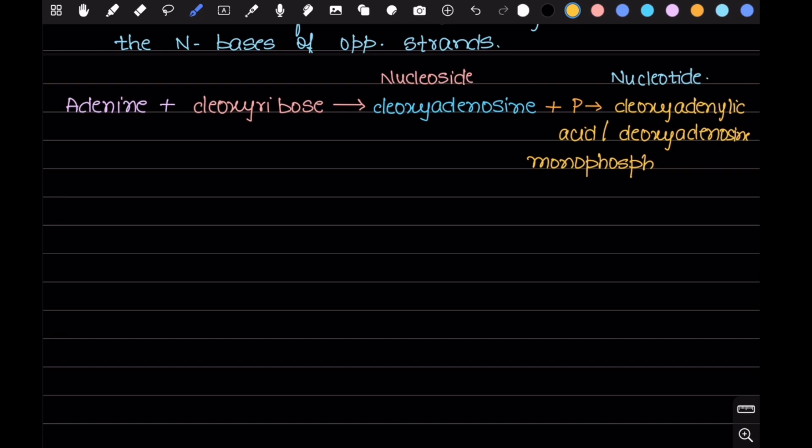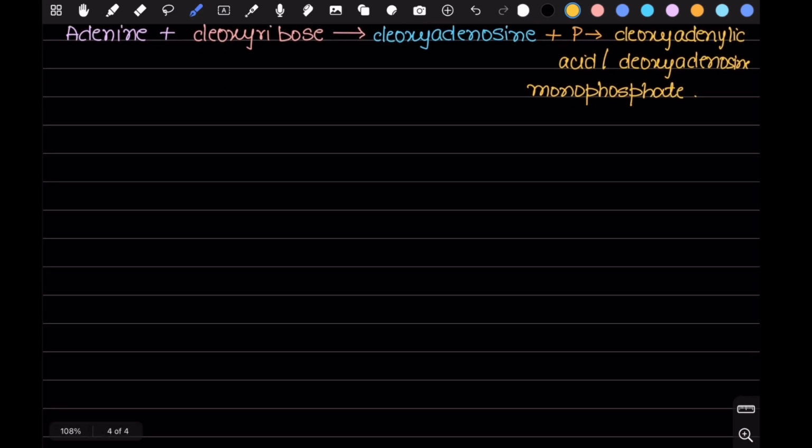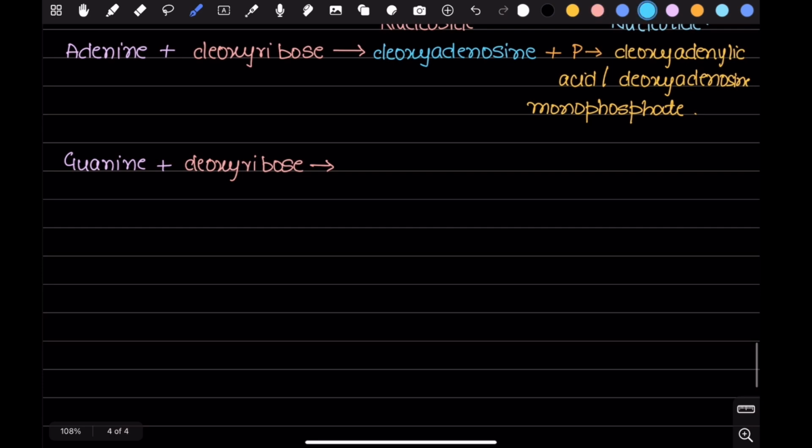The second one is, if it contains guanine as its base and the sugar is the same, deoxyribose, then it forms a nucleoside and it is named deoxyguanosine.